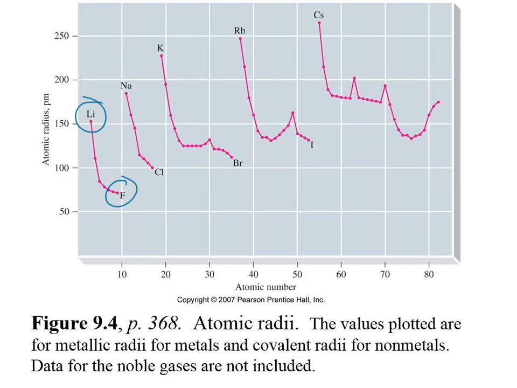Period 3 begins with sodium and ends with chlorine. Period 4, potassium to bromine. So these are all different periods. But now these also include the group B elements, the transition metals.